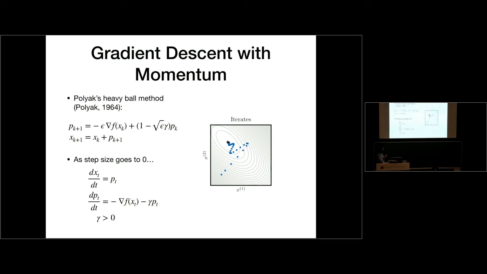So at every iteration, you evaluate the gradient at the point that you're at, and you add it to the previous value of p, and so you can see that over time, p is going to store the persistent components of the gradient of f, and the ones that cancel each other will cancel out over time. And then our position update is just to say, well, move in the direction of p instead of just the gradient itself.